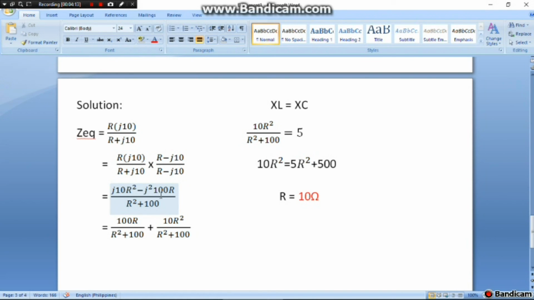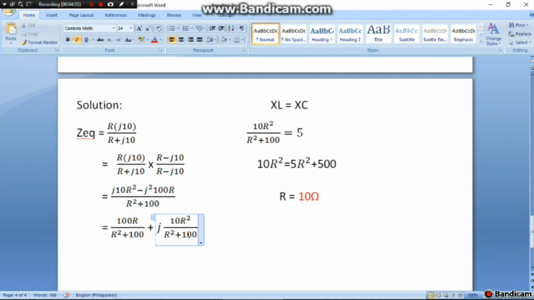Then we split it into two parts: 100R over R squared plus 100 plus j 10R squared over R squared plus 100. This is the total resistance in the parallel branch, and this one is the reactance of the parallel branch.